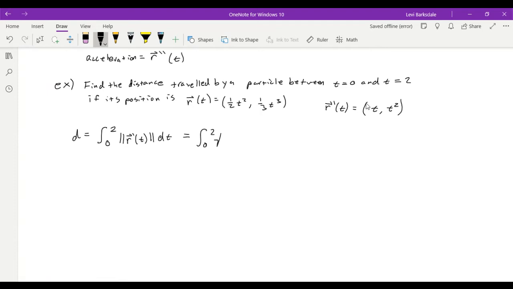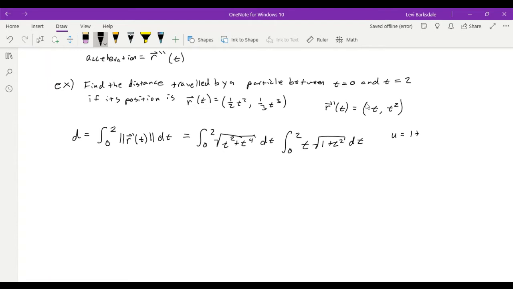So the magnitude of that vector is the square root of t squared plus t to the 4th, dt. And if we factor out a t squared, it's the integral from 0 to 2 of t times the square root of 1 plus t squared dt.